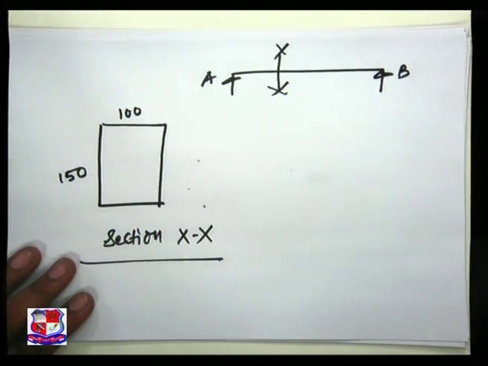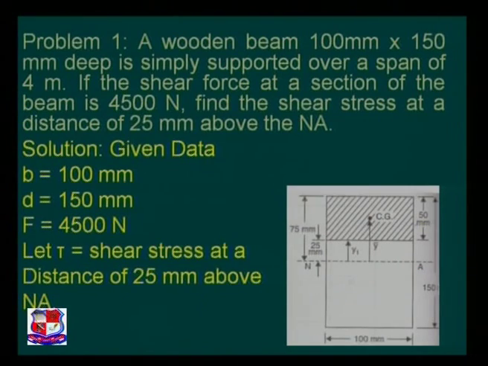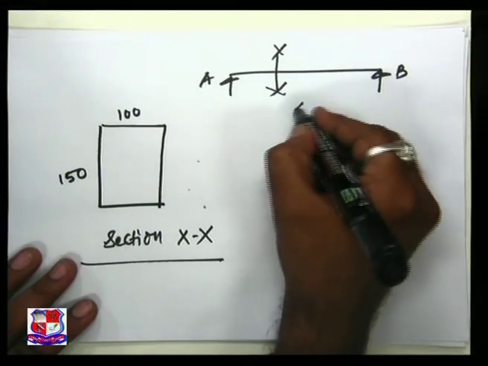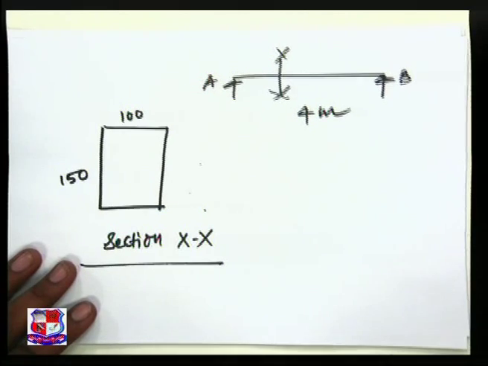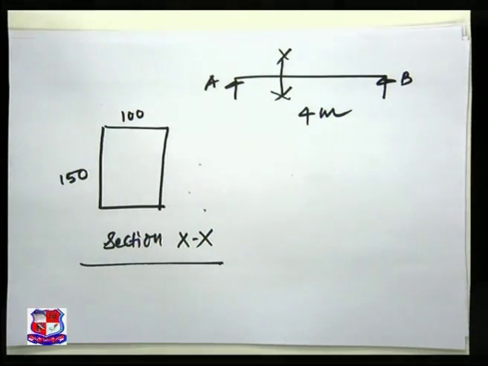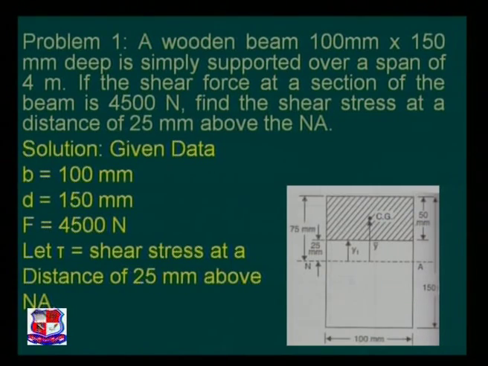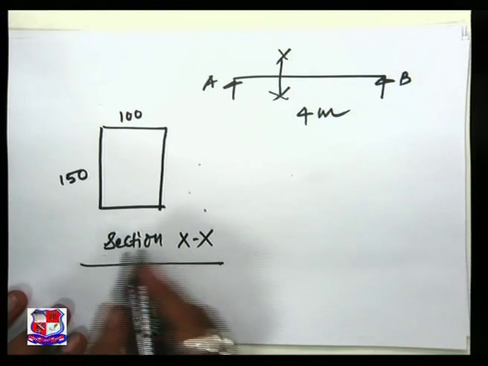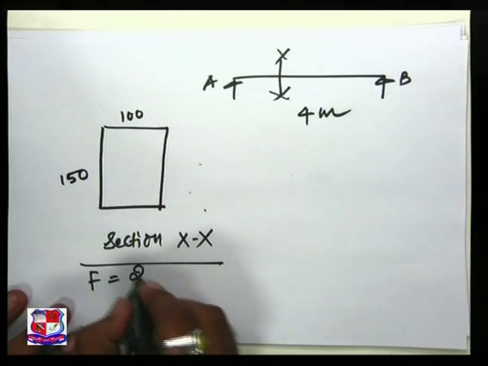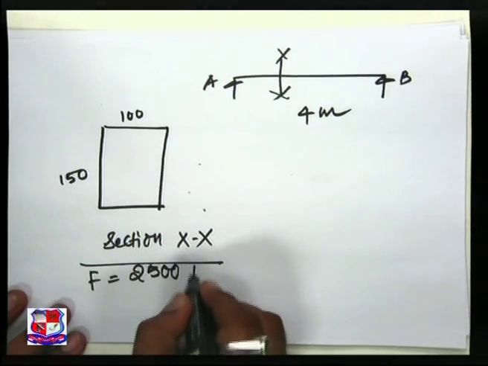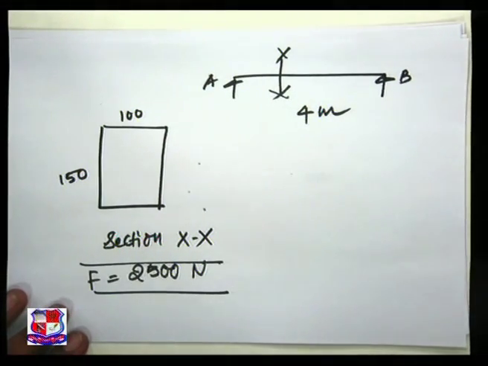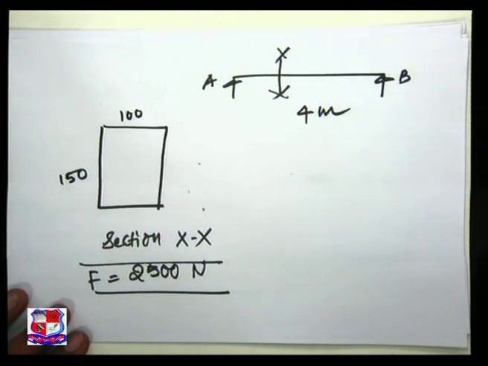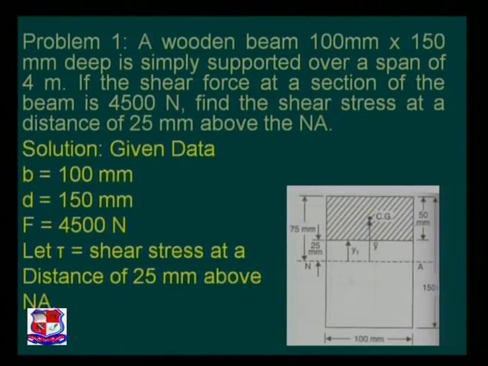What is the next statement? It has been stated that the span of the beam is 4 meters. Next, the shear force at a section of the beam is 4500 Newton, so at a particular section the shear force value is given to you. The question asks us to find the shear stress at a distance of 25 mm above the neutral axis.